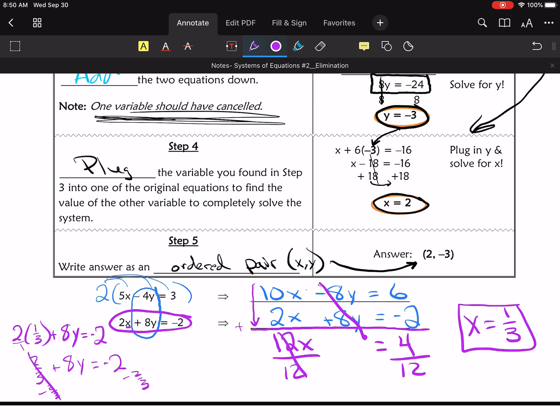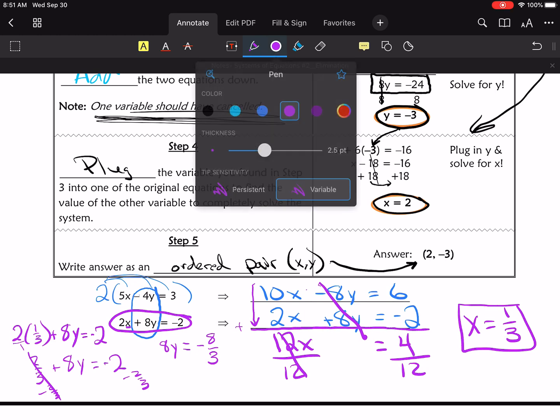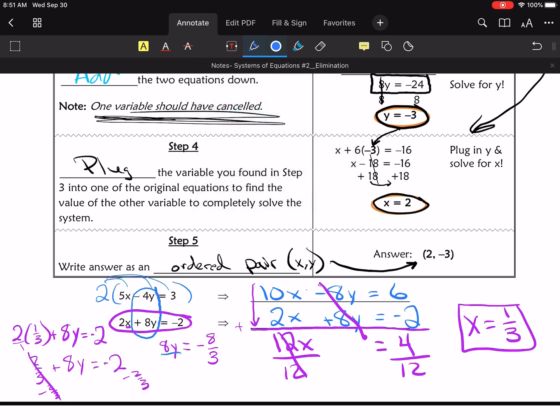And I would get, I'm running out of room, 8y equals, and then punching -2 minus 2/3 into your calculator, that would give me -8/3. Now, final step, I want to divide by 8.